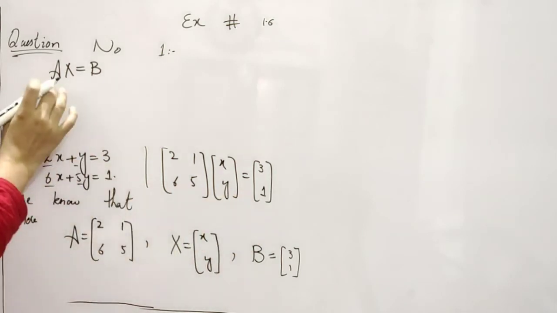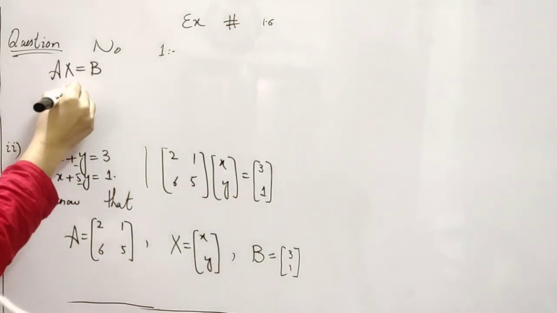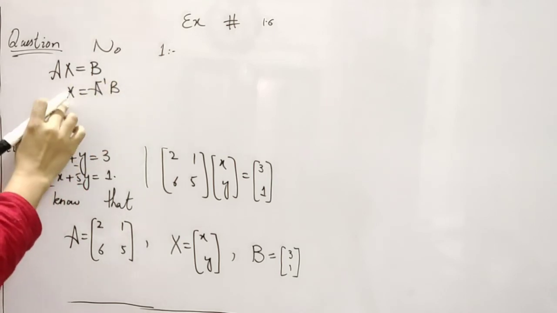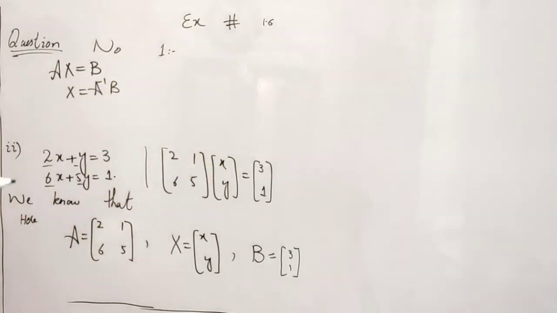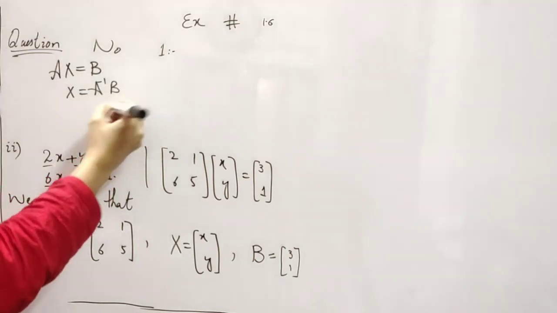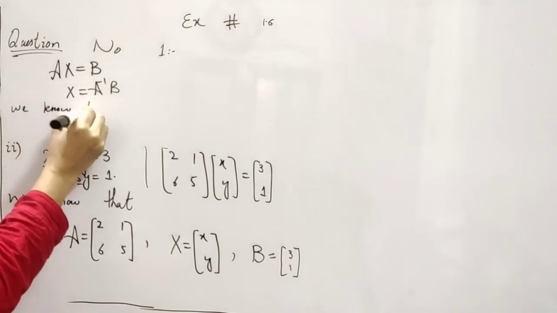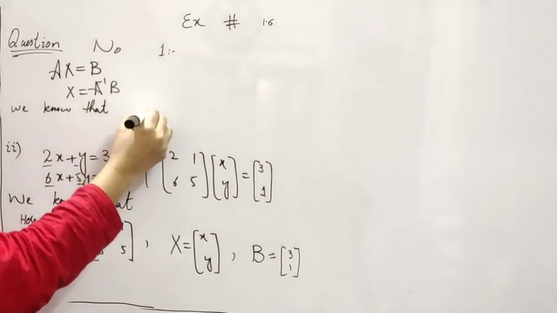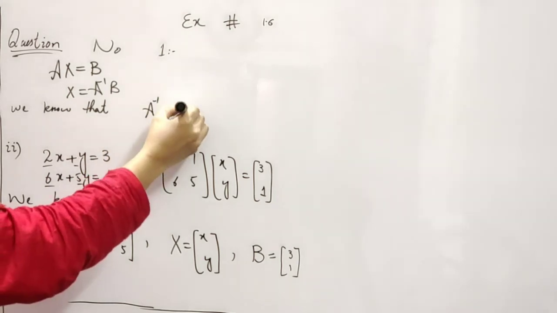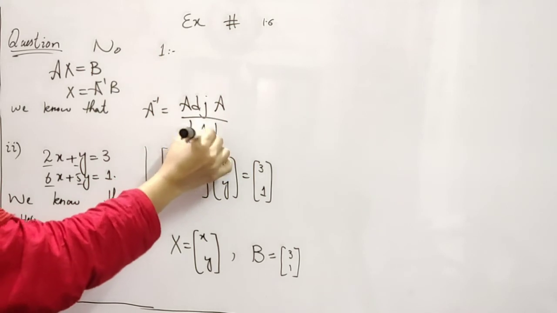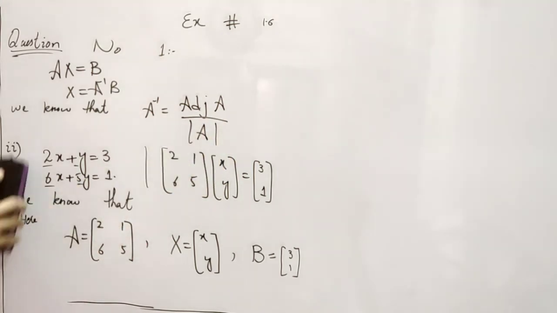So from here we can say that AX is equal to B and X is equal to A inverse B, because we want to find the values of x and y. So X is equal to A inverse B, and we know that A inverse is equal to adjoint of A over determinant of A.